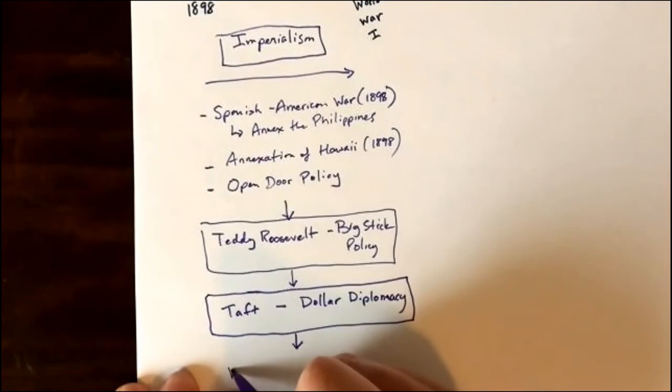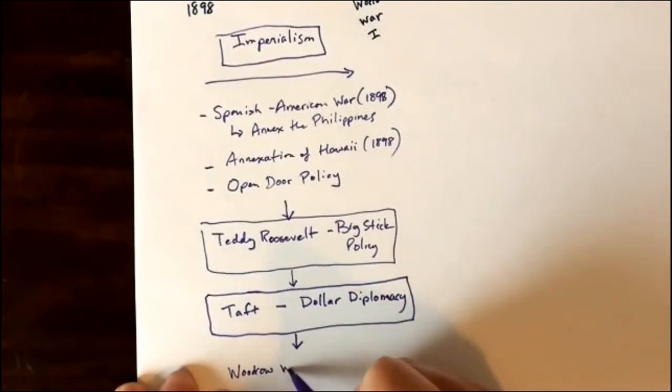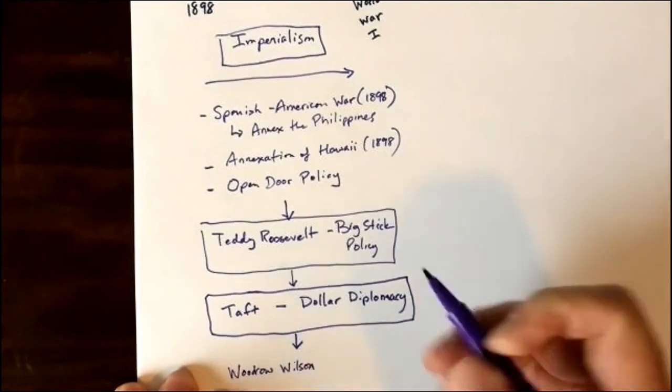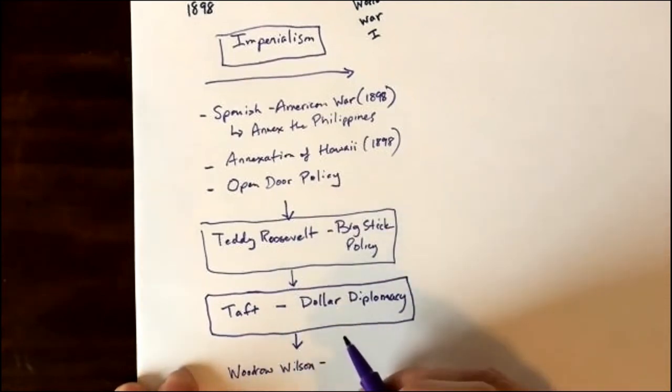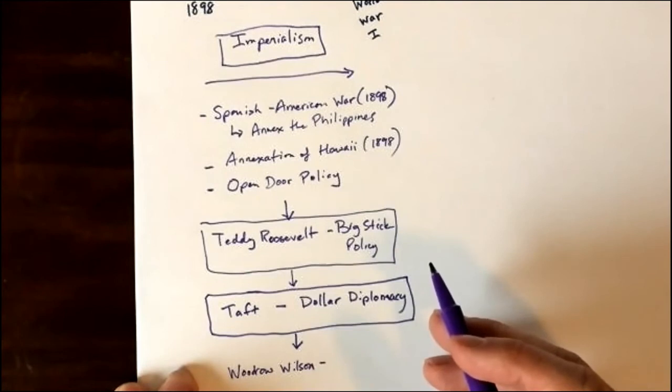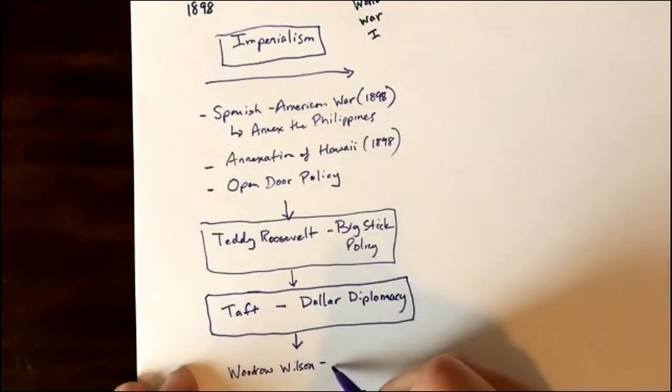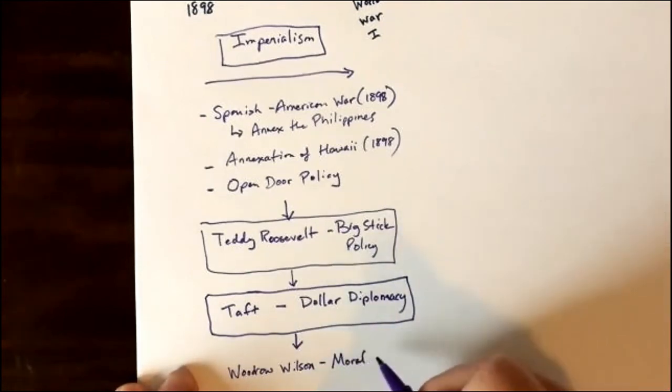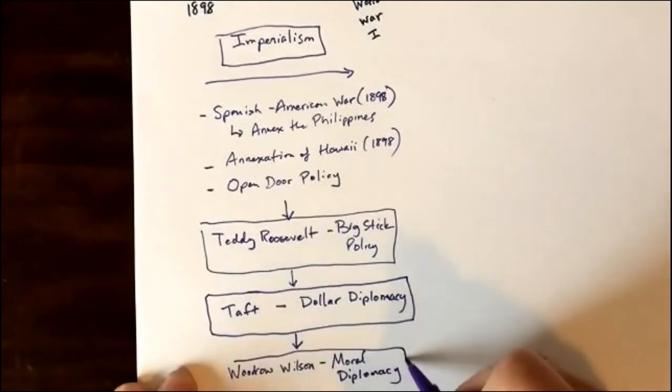And then that takes us to the least imperial, but still expanding American power during this time period, and that's Woodrow Wilson, who's also going to be the president during World War I. And his policy is what we call moral diplomacy.